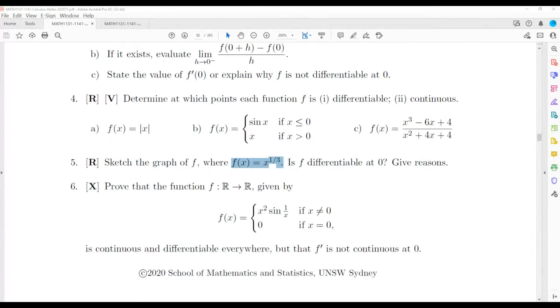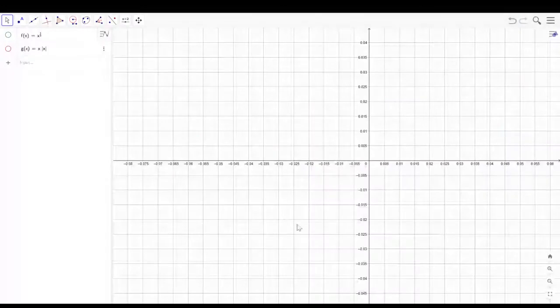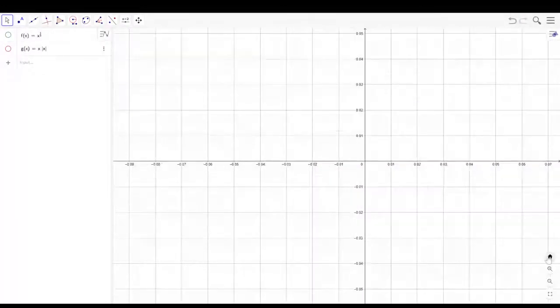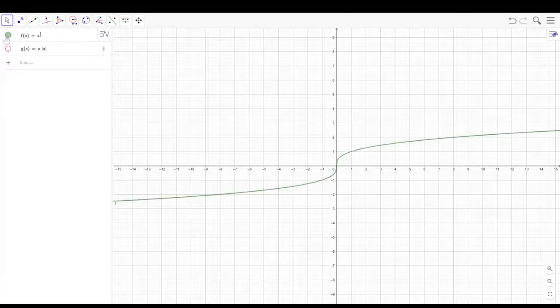Okay, so let's go and have a look on GeoGebra, and we can pretty much work it out from just looking at GeoGebra. So here's x to the power 1/3. Now it looks like it's a nice smooth function, right?